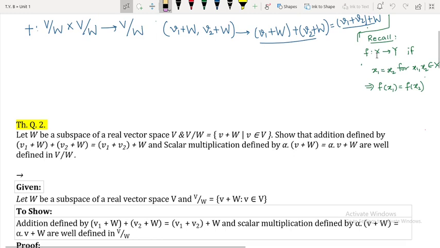They are saying that if x1 is equal to x2 in X, then their images should also be the same, they should not be different. The same thing we will apply here. Focus: over here the domain of f is only X, but what is the domain of addition? It is a Cartesian product of V mod W cross V mod W, isn't it?